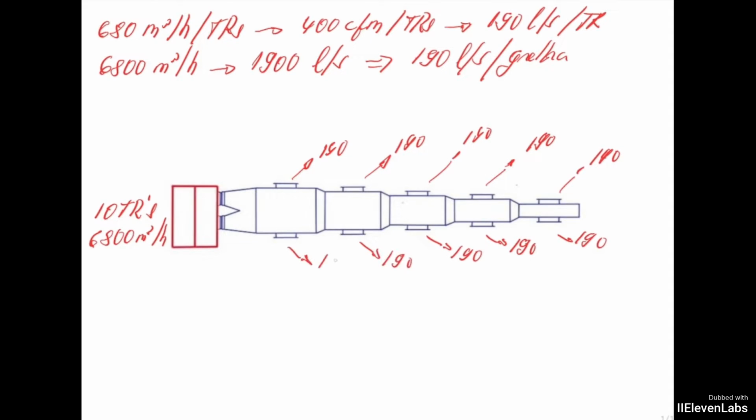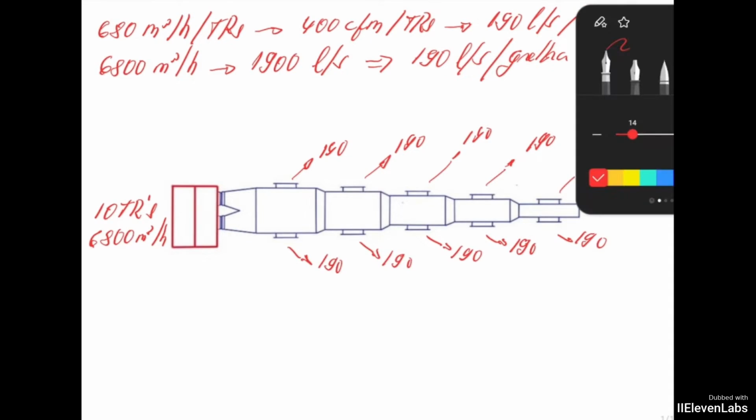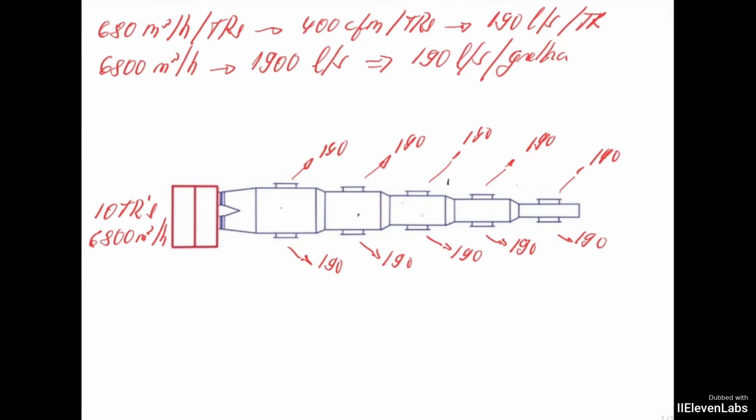So now here we can consider that we are going to have 1, 2, 3, 4, 5 sections of duct. So we are going to have section A, B, C, D, E, and right off the bat we know the flow of our section AB.